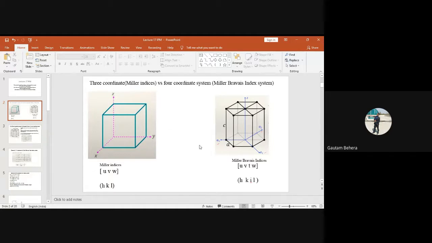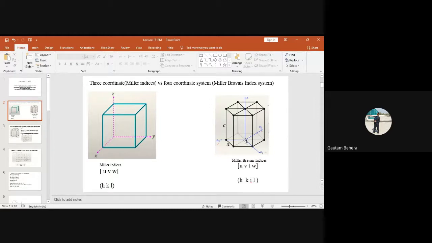But when we have a hexagonal crystal, or hexagonal close-packed crystal, then we have to choose a unit cell of a hexagonal close-packed crystal. You can see this is a unit cell showing four axes.